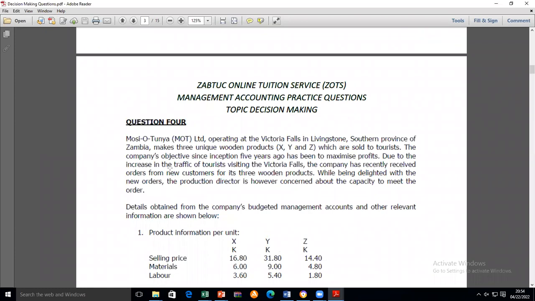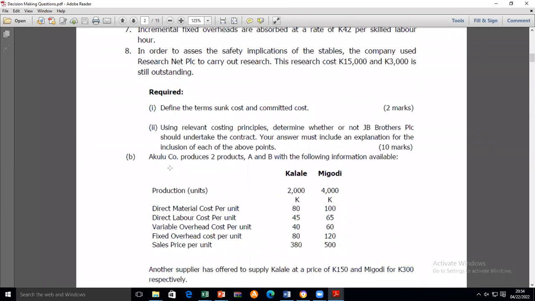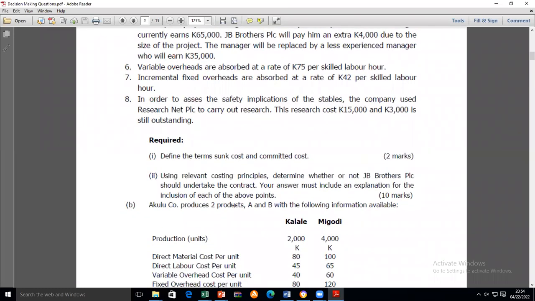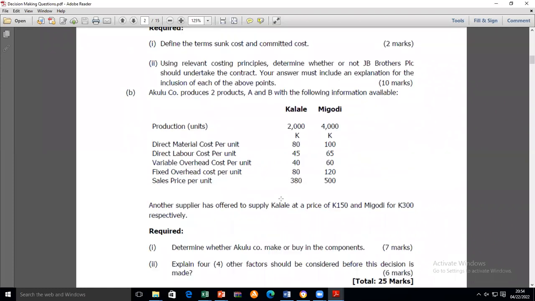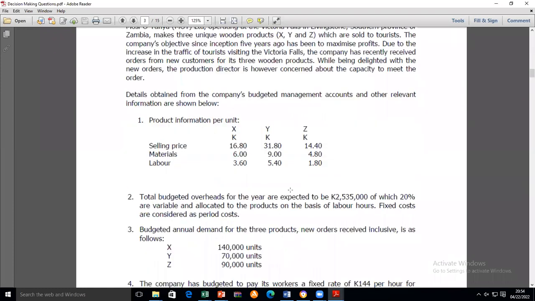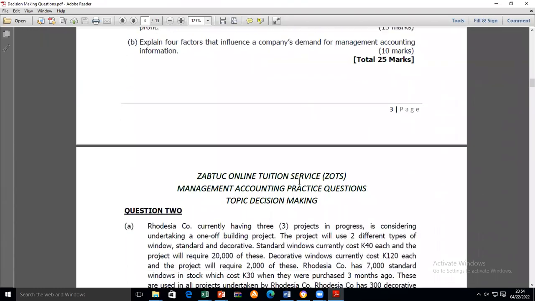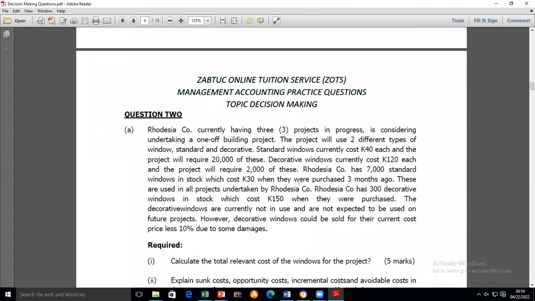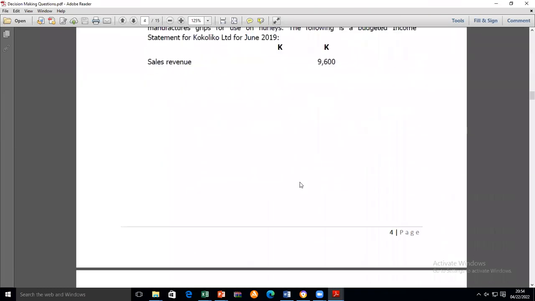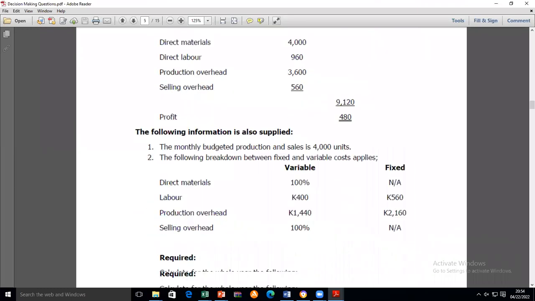Question number 4. So you attempt this part of the question and just keep your answer. We go through it together. Again, this part of the question is not a very long question, so that you can learn. It's only when you do the question on your own that you can actually learn a lot.